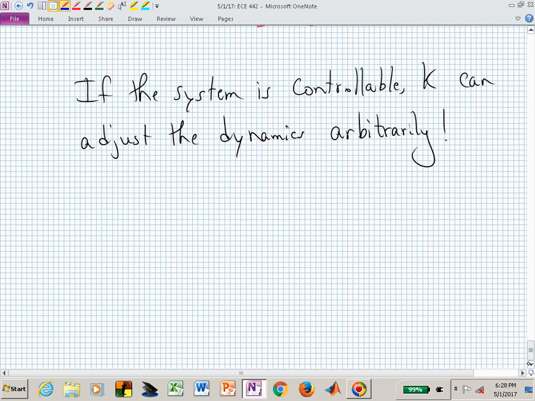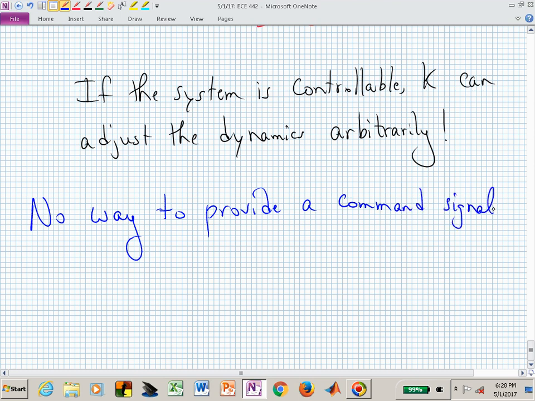What we want to do now is realize that there was no way in the earlier full state feedback strategy that we were talking about to put in a tracking signal or a reference input, no way to provide a command signal, which is the little r of L, to the system.